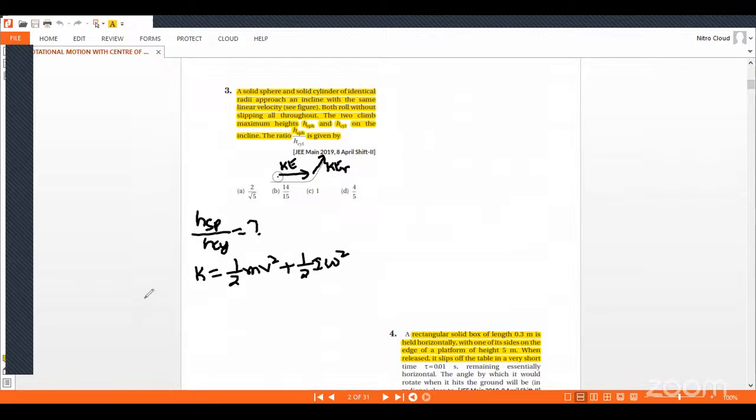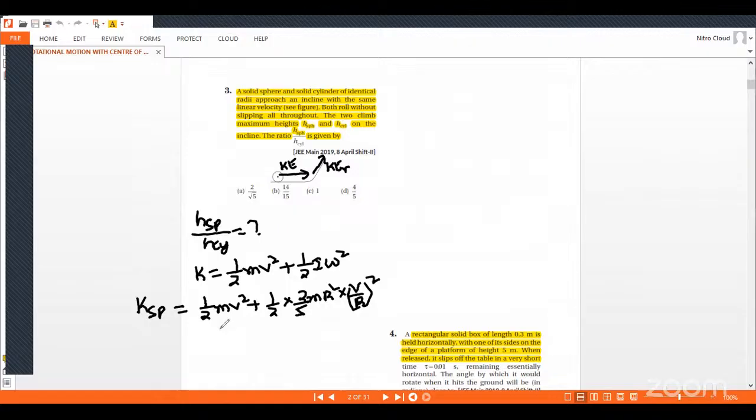So, for kinetic energy of sphere, I can write half mv square plus half moment of inertia of a sphere, 2 by 5 mr square, and omega as v by r whole square.